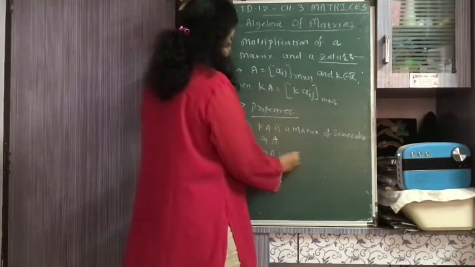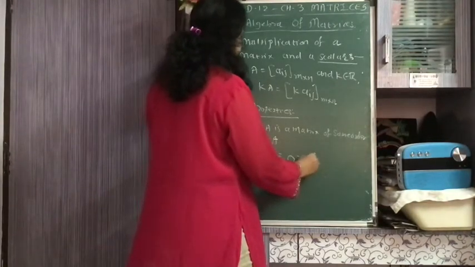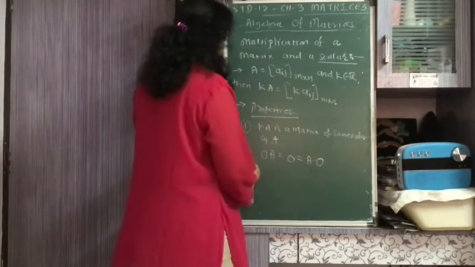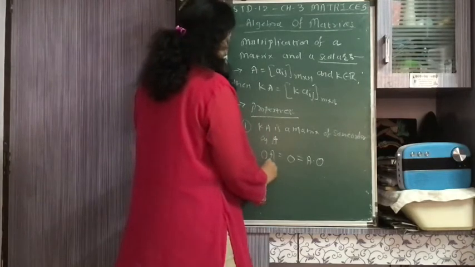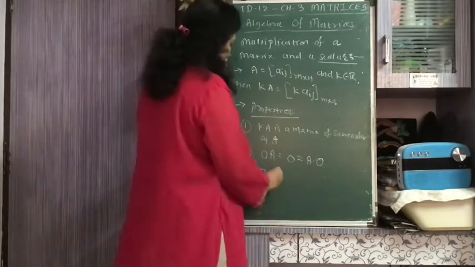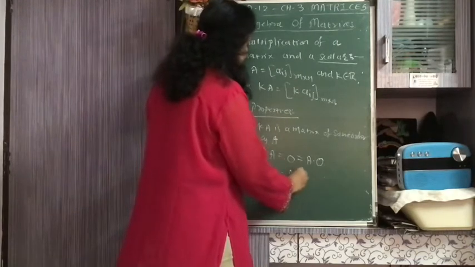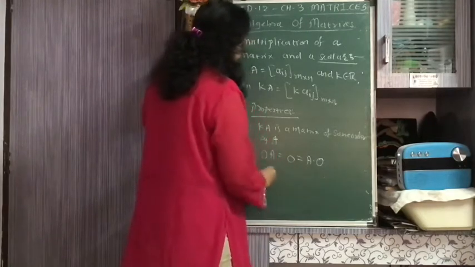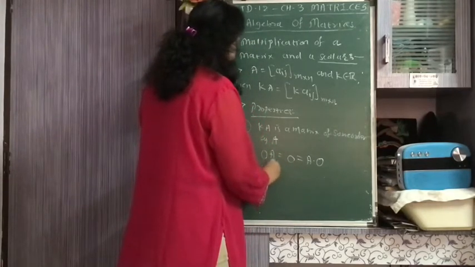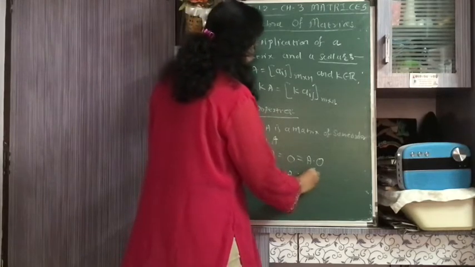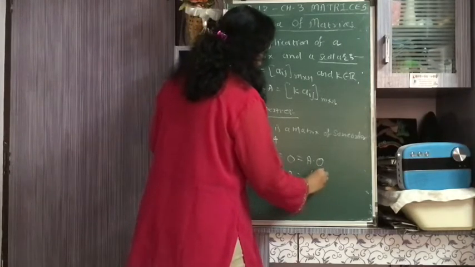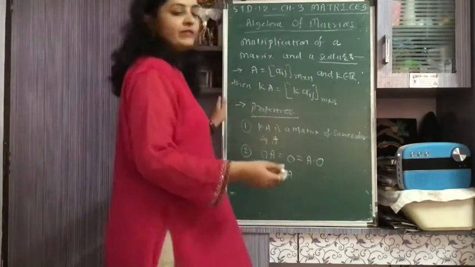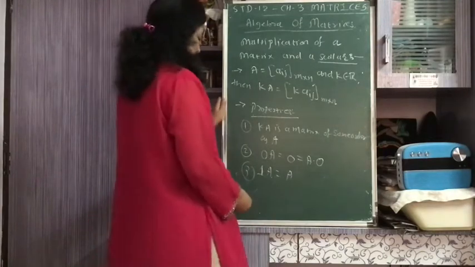That is a 0 matrix. So 0 into A is a 0 matrix like this. Now what if I multiply the identity matrix I with A? Students, I into A will be A, as will A into I, but that we'll see later on. If I multiply the real number 1 with A, then it will be A only, as every element is multiplied with 1, 1 into aij will be aij.